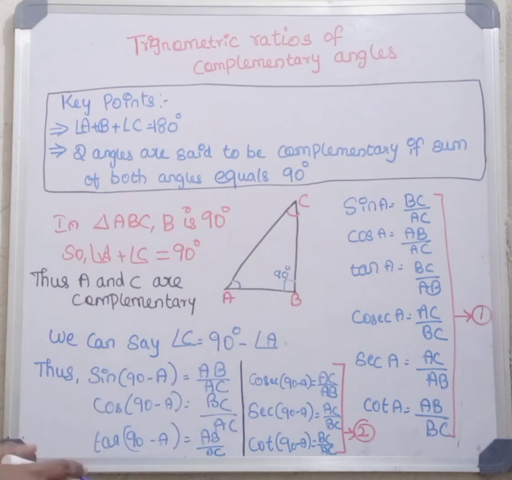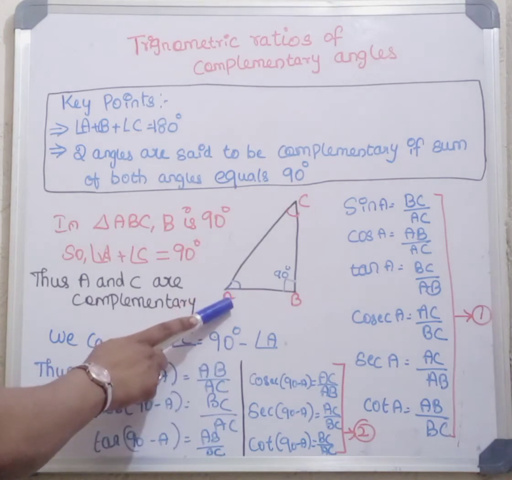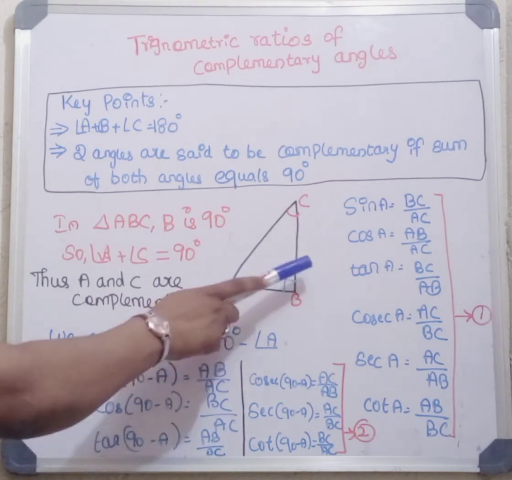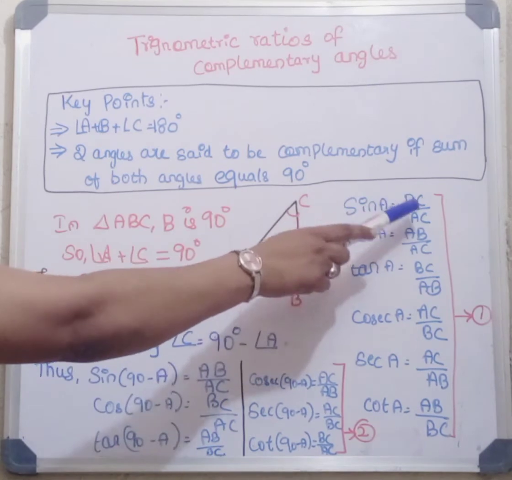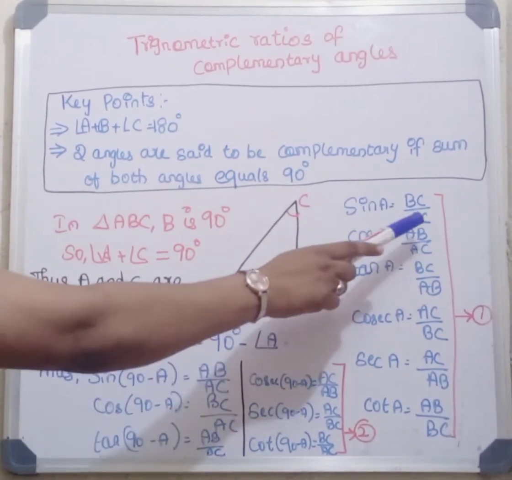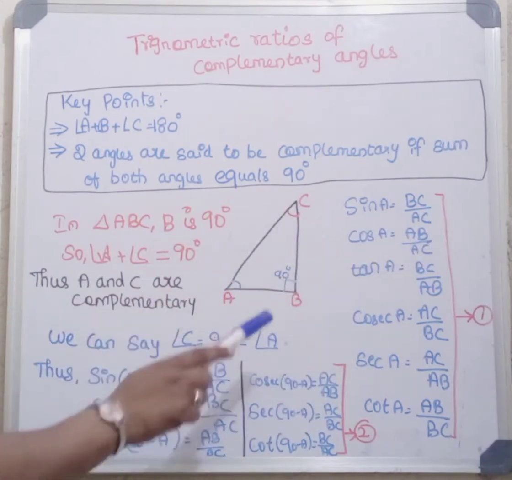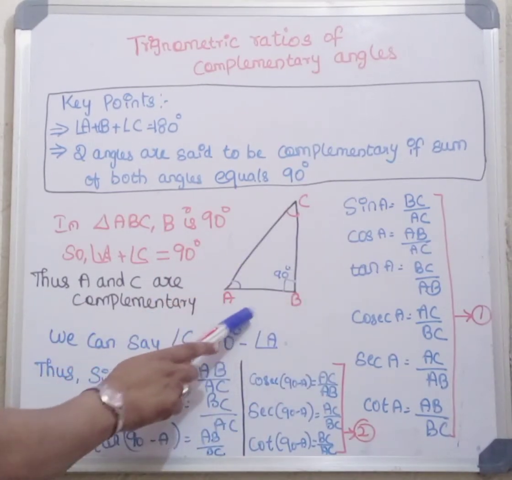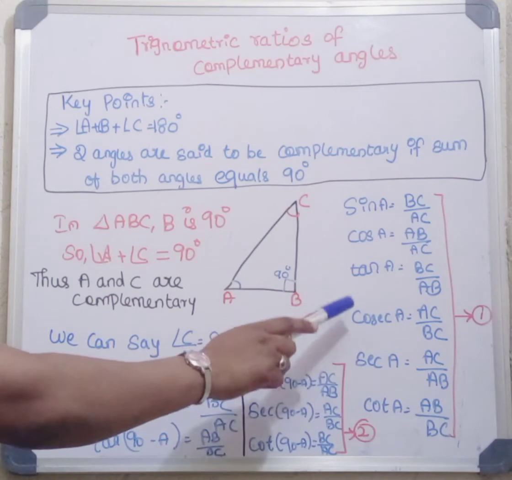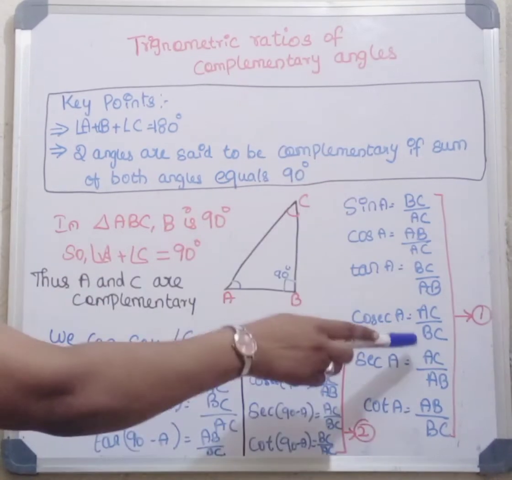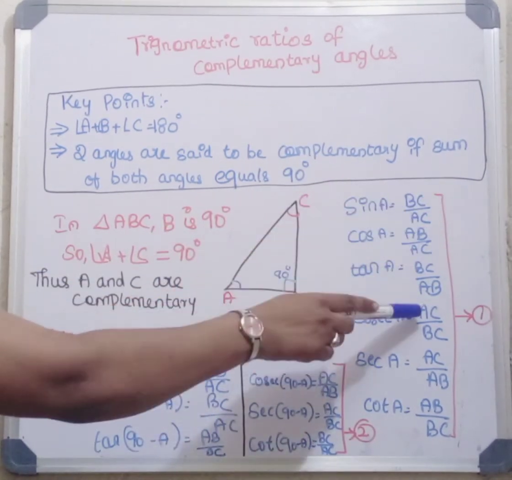So, with the help of these basics, let me derive the trigonometric ratios. For sin A, opposite side by hypotenuse, thus BC by AC. For cos A, adjacent side by hypotenuse, AB by AC. For tan A, opposite side by adjacent, that is BC by AB. Cosecant is the reciprocal of sine, that is AC by BC, or hypotenuse by opposite.